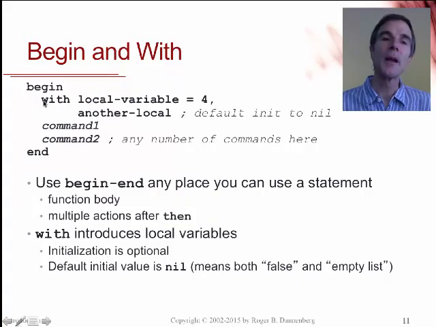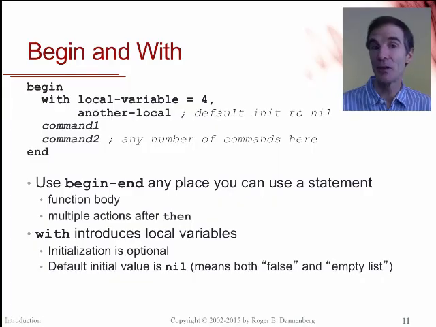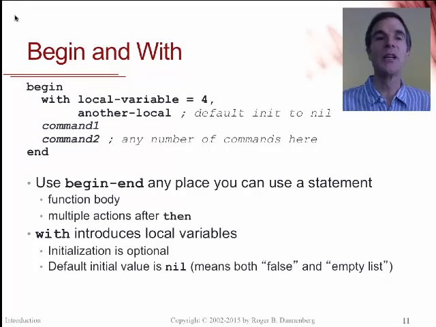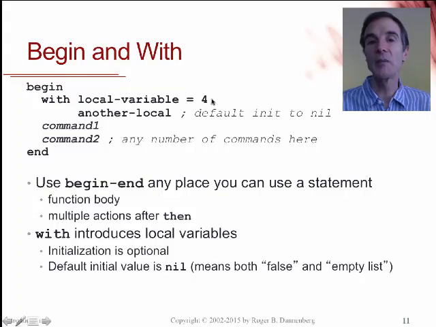And also, after the keyword begin, you can insert a with statement or command, which introduces local variables. So the idea is, if you want to bundle up a bunch of commands and some local variables, you write begin, you write with, and a list of local variables, which optionally can be initialized to values. If you do not initialize the value, the default value will be the value nil.